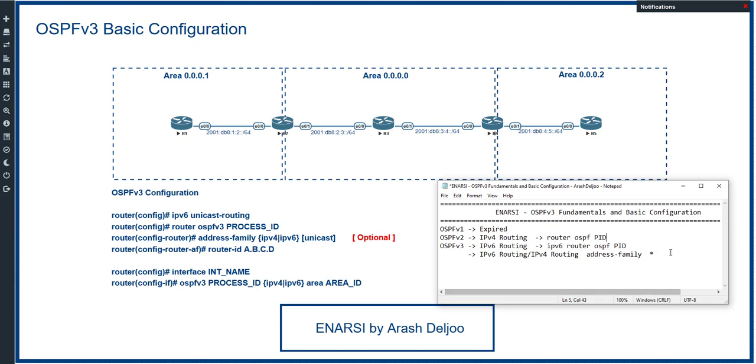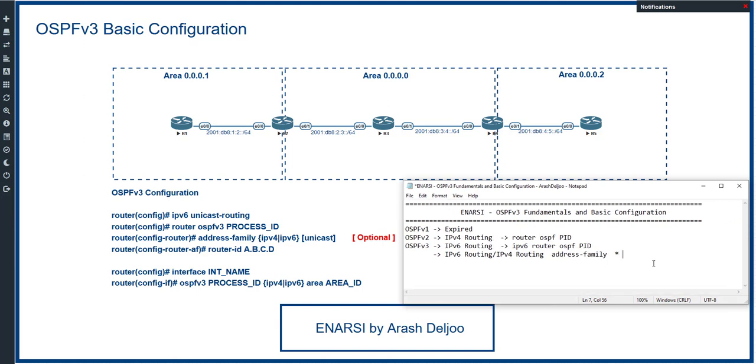But in the next generation of OSPF version 3 that we are using now, we should use this command for starting the process: router ospfv3, for example, PID. Here you can see the difference between the configuration of these three methods.